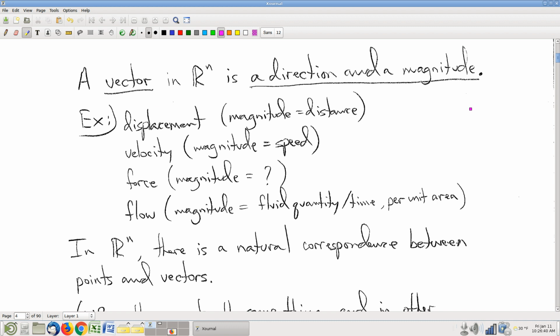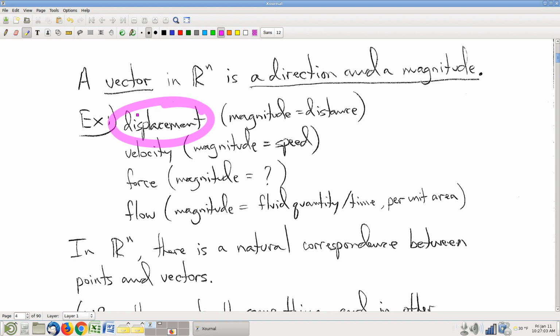So here's some examples. Why would we care about this particular little mixture? A direction paired with a magnitude, what has that got to do with anything? Well, here's some pretty natural physical notions. Displacement. Right? This is a very familiar concept. The idea that you would want to, from wherever you might happen to be, change your position in a certain prescribed way.